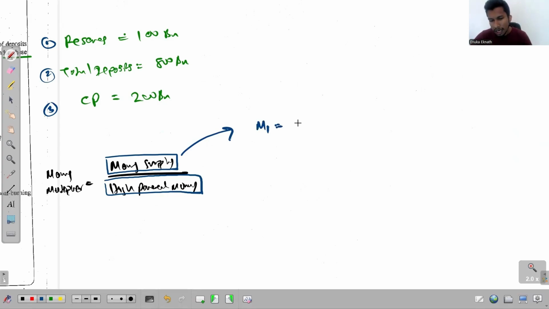M1 money supply is equal to currency held by the general public plus the demand deposits held by the general public in commercial banks. So if I assign values, CP is given to us as 200 and DDP, the total deposits, is 800. So for the money supply, we get 1000.